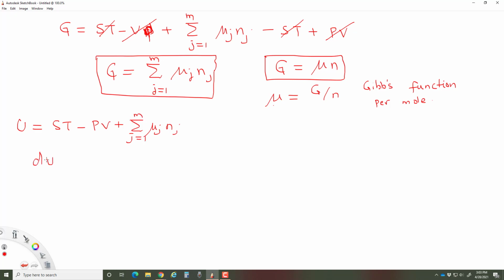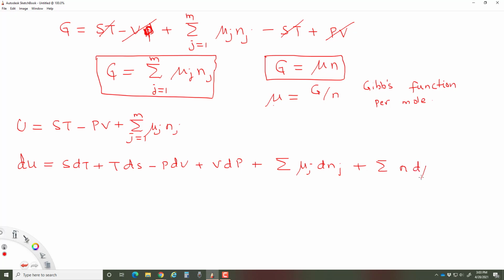So let's take the differential dU. So dU is equal to S dT plus T dS minus P dV plus V dP plus the summation of mu dn plus n d mu.